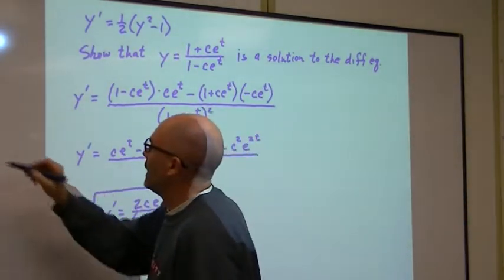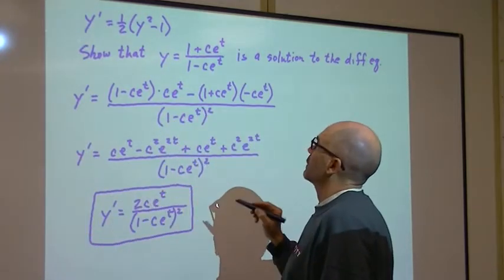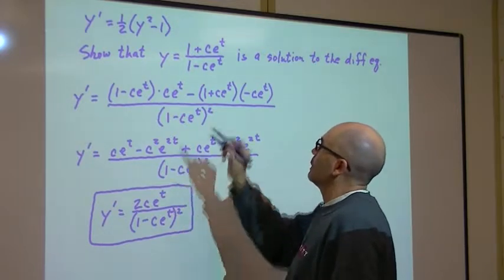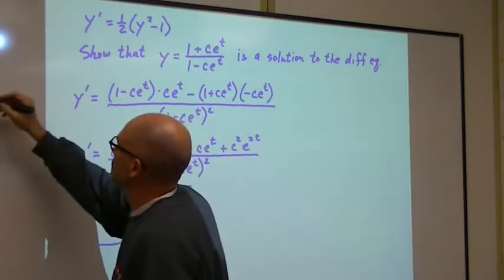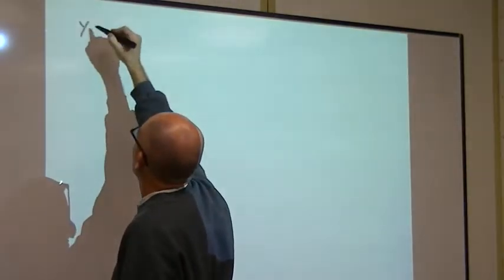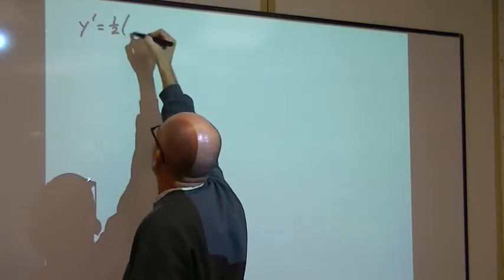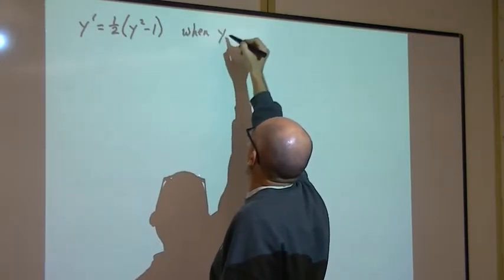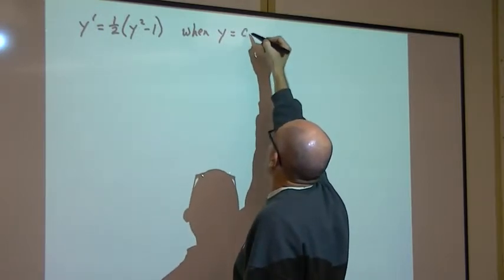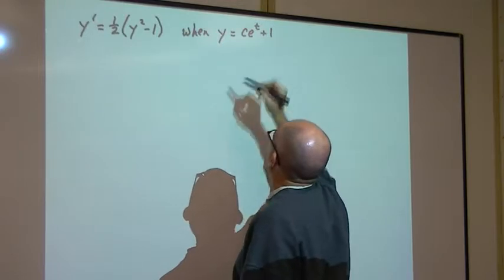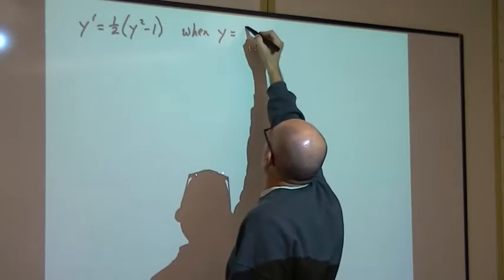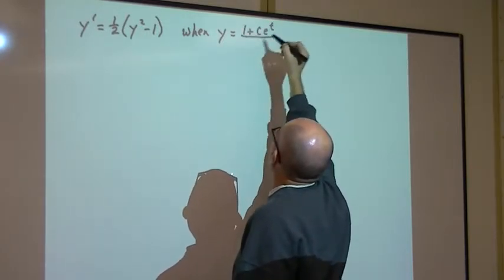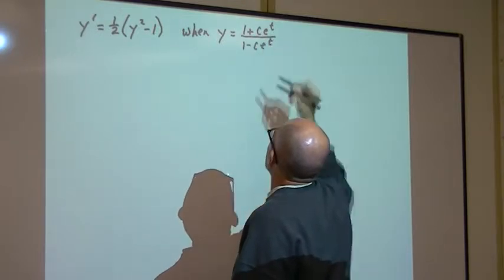Okay, so if we have, let's just go to the next screen then. y prime equals 1/2 y squared minus 1, when y equals 1 plus ce to the t over 1 minus ce to the t. We'll keep it the same.